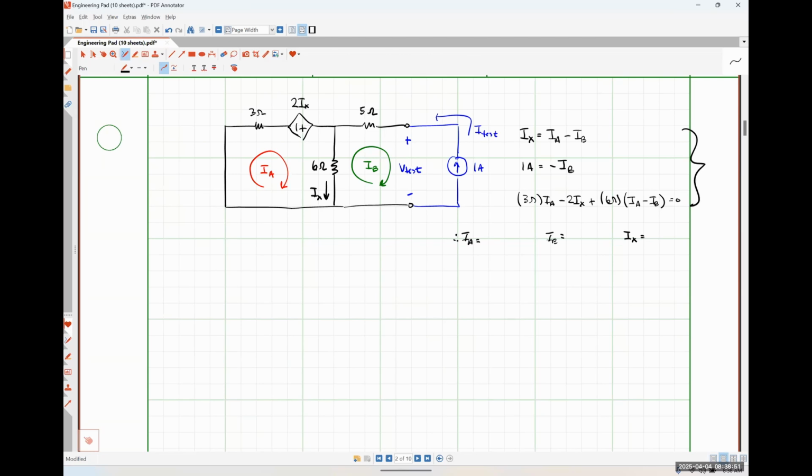So when I solved this, I got IA to be -4/7 of an amp, IB to be -1 amp, and IX to be +3/7 of an amp.